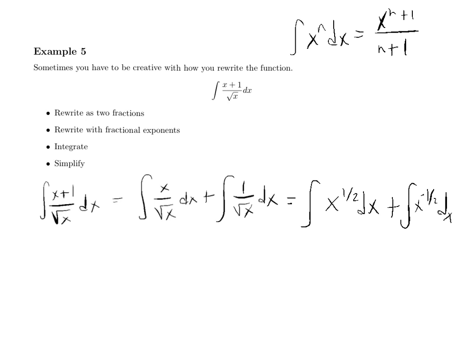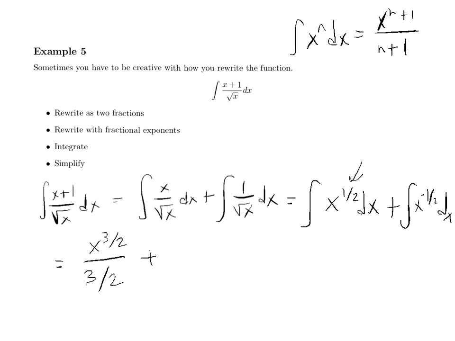The integral of x to the n dx equals x to the n plus 1 over n plus 1. Doing that for each of these, in this case n is 1/2, so it's x to the 3/2 over 3/2. And then this is one place where it can get really tricky: you're adding to a negative.